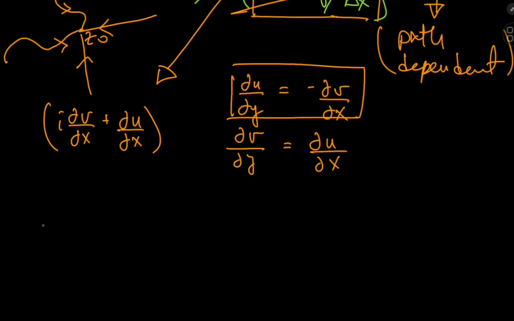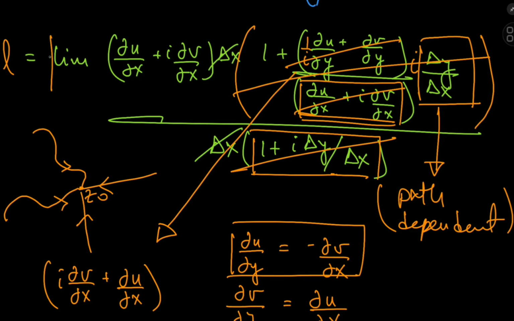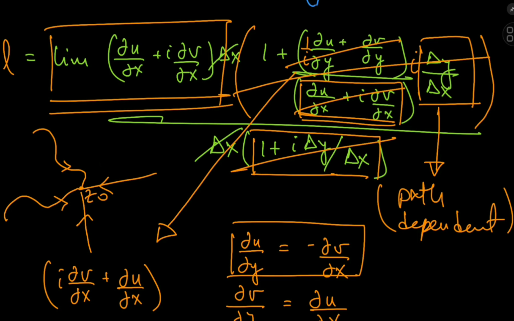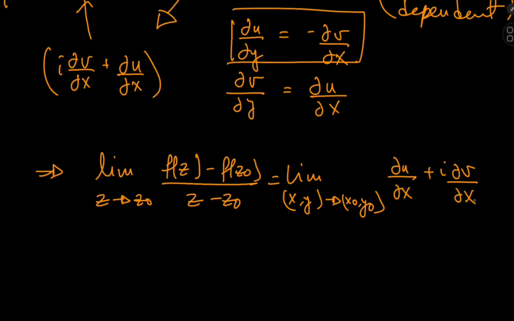So this implies that the limit L, which is in fact the limit as z approaches z naught, of f of z minus f of z naught divided by z minus z naught equals what exactly? This thing here, the only thing that's left. This is the limit as xy approaches x naught y naught of partial u by partial x plus I times partial v by partial x.